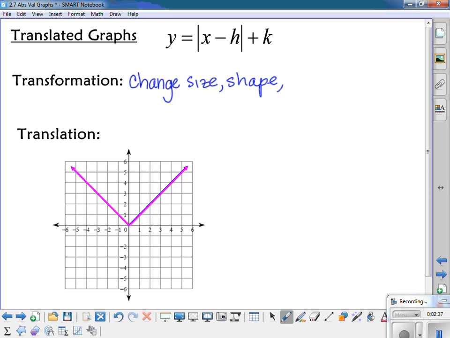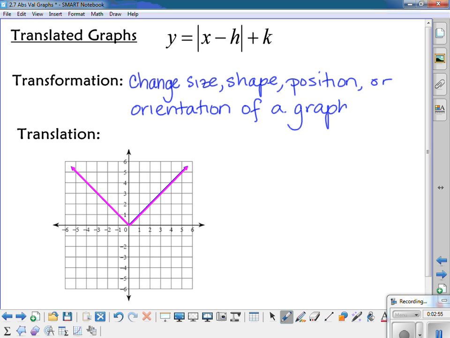It might change the position or the orientation of a graph.